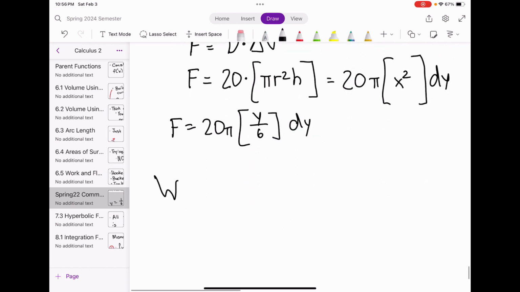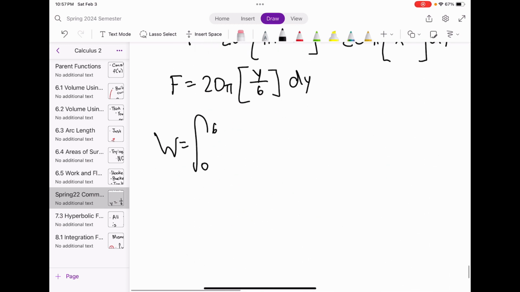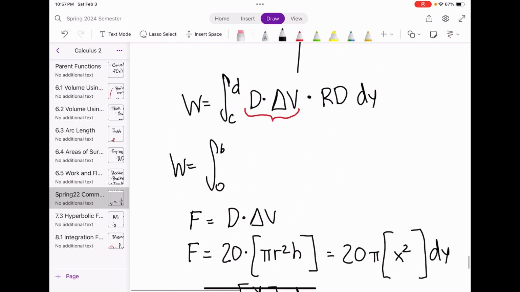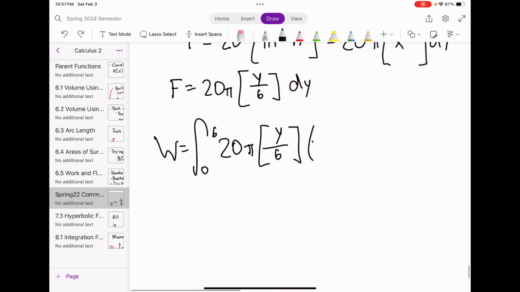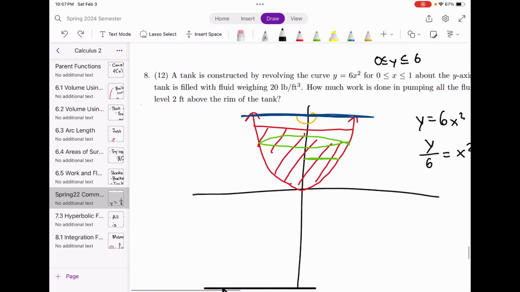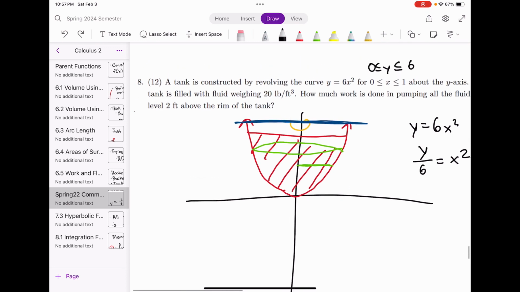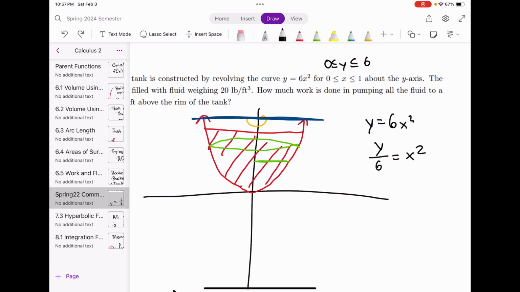So W is equal to the integral from 0 to 6, 20 pi y over 6 times, and now remember, there's still this distance over here. We don't want to forget that. And so the remaining distance is simply going to be the height of where you want to reach to, which is not 6, by the way, but it's 8, right?